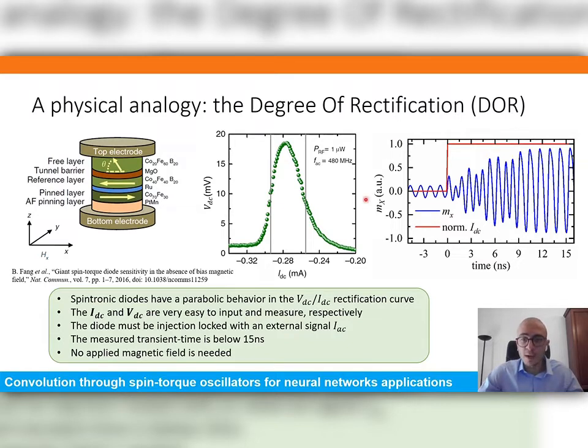We can see from a time trace that the transient time in this case is about 10 nanoseconds, and this can give us an insight about the speed of the implementation of the multiplication with this technology. And in this case, no applied magnetic field is needed.